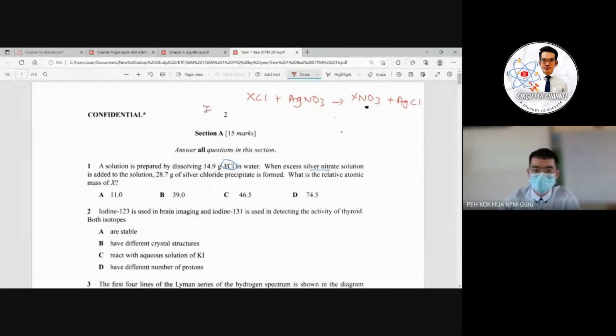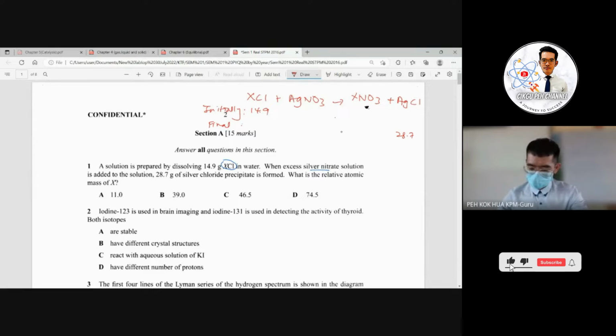So initially, the question gives us the mass involved for the HCl, which is 14.9. The final silver chloride precipitate formed is about 28.7. So we have to see what is the number of moles involved. Firstly, we have to find X, what is the atomic mass.